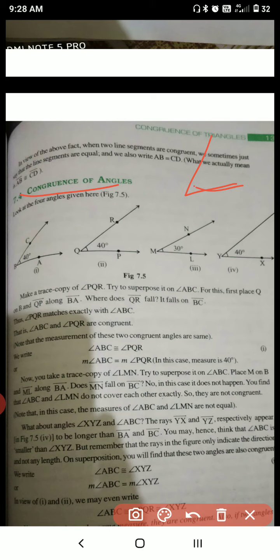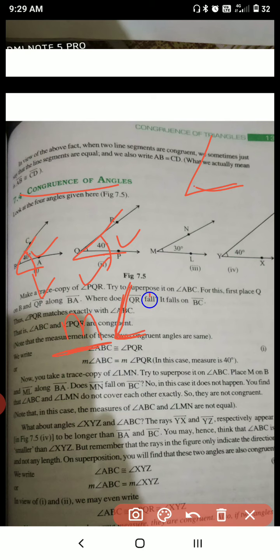So how can we write that? See here, angle ABC is given as 40, and the measurement of angle PQR is given as 40. So those two are congruent. Why? Because their measurements 40 and 40 are equal. So how can we write it? Here small m means measurement of angle.